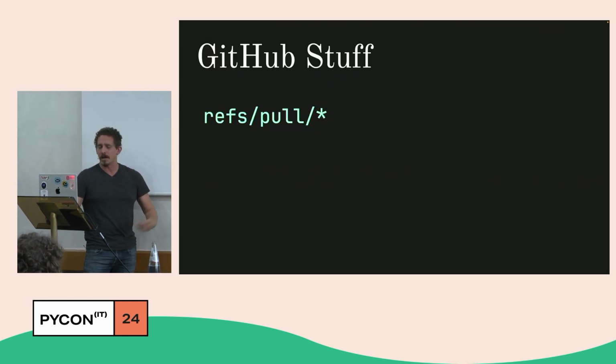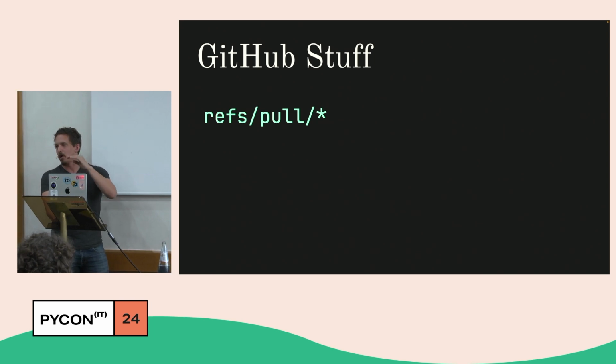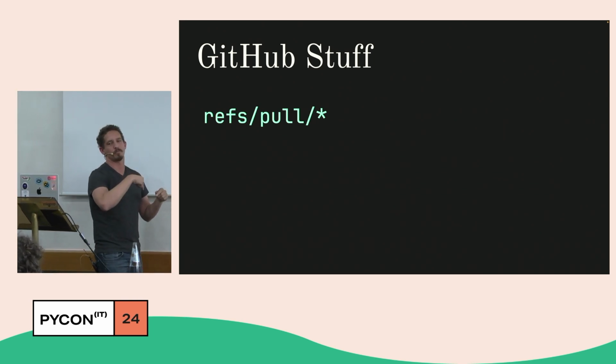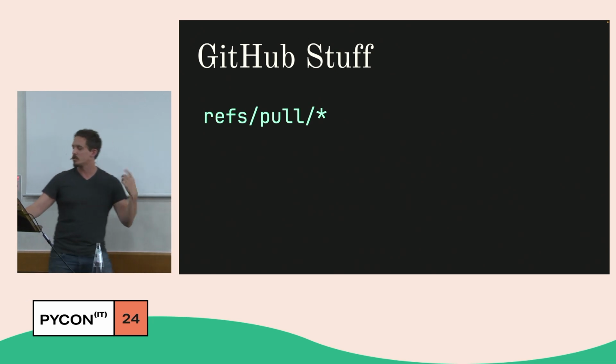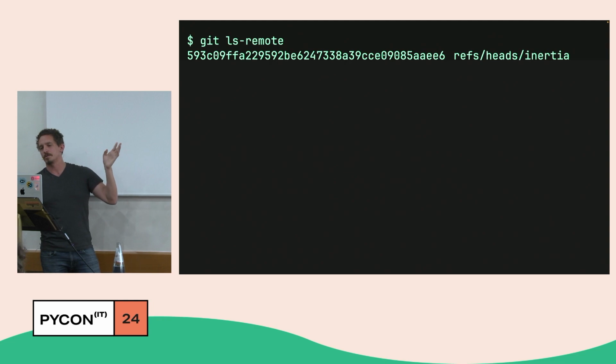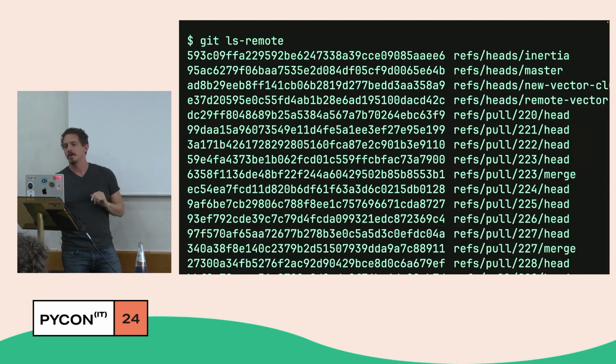And then the other thing that I actually just used today: GitHub advertises all of the PR heads as essentially pseudo branches, even ones that are PRs from forked repositories. And you can directly pull them in if you want to. So if we look at the remotes, like this is some branch called inertia.